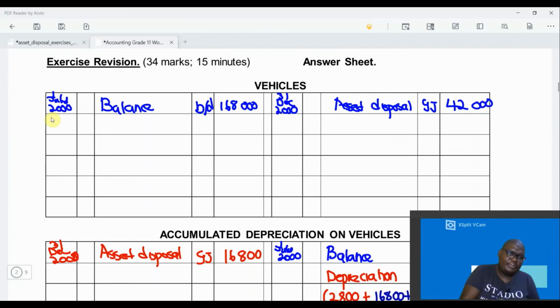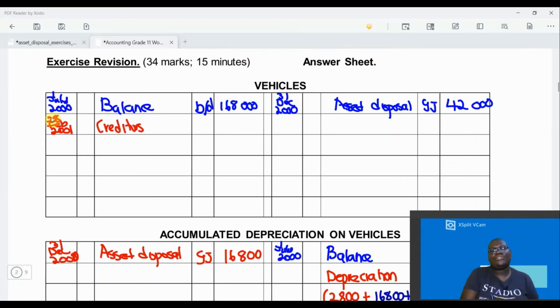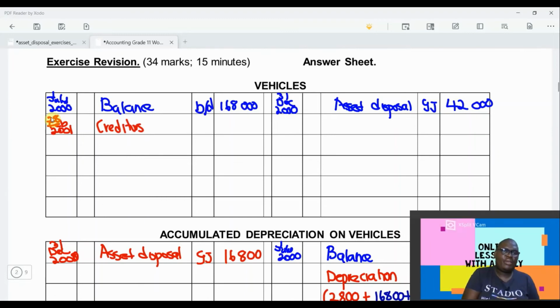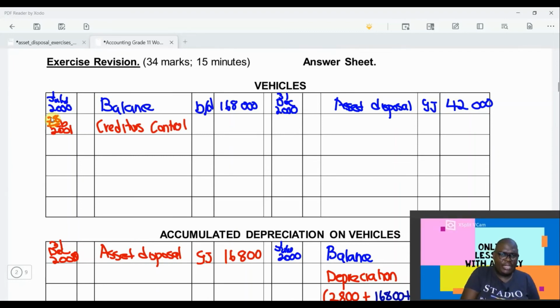So on 28 February 2001, creditors control. You can write the name, creditors control will be fine, and then here you write CJ, and then we bought that new vehicle for 54,000.